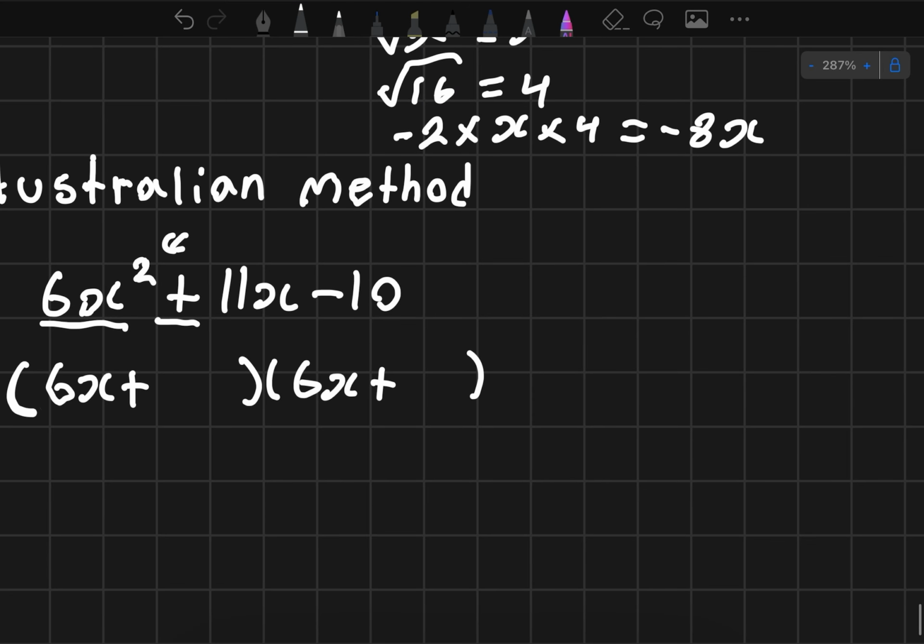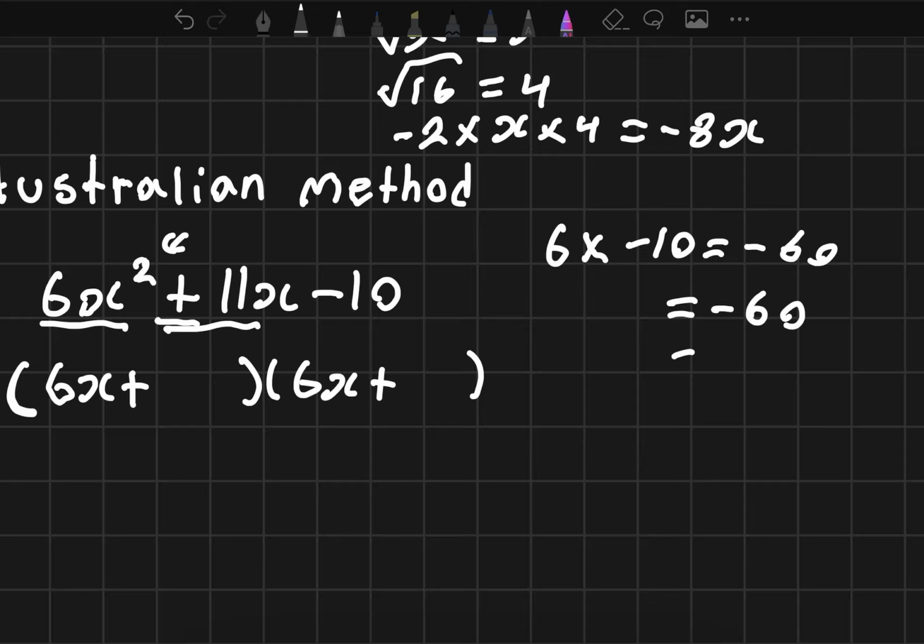We can see here that 6 times negative 10 is equal to negative 60. So we have to find two numbers that multiply to negative 60 and add to positive 11. The two numbers that would do that are 15 and negative 4.